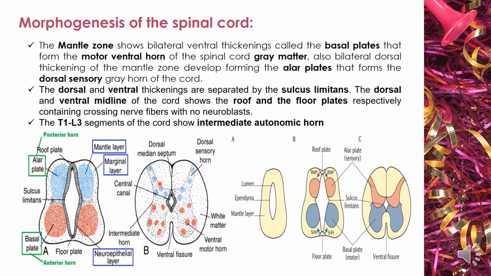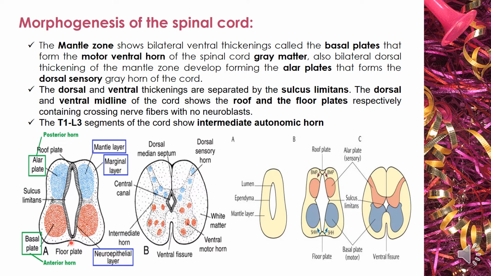The dorsal and ventral thickenings are separated by the sulcus limitans, and the dorsal and ventral midline of the cord show the roof and floor plate respectively, containing crossing nerve fibers with no neuroblasts.